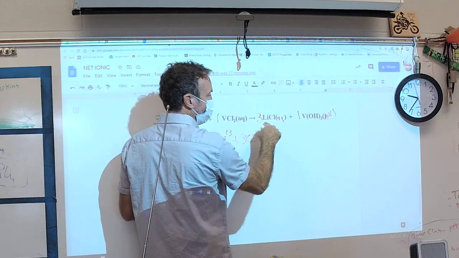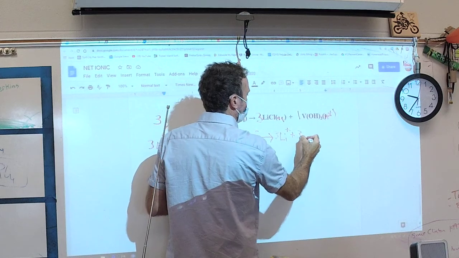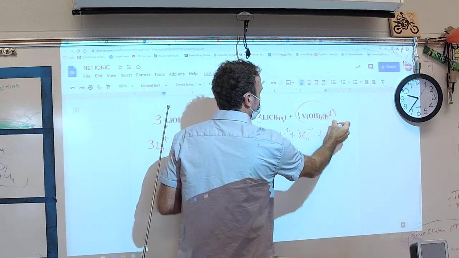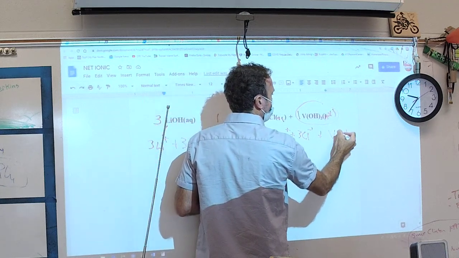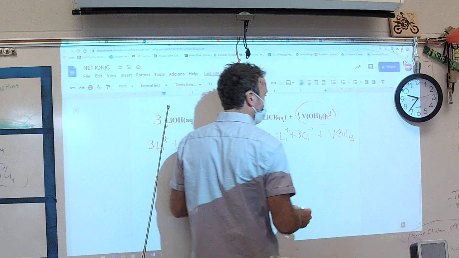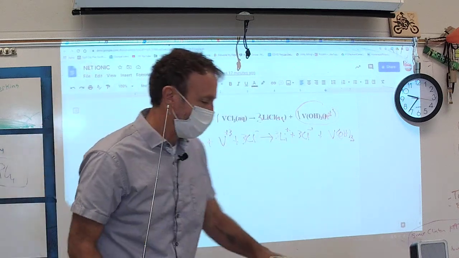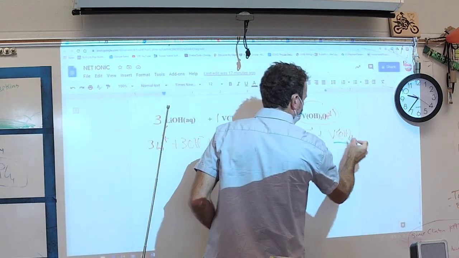So those are spread out in the water, 3 Lis that are +1, 3 chlorines that are -1, and this is the precipitate. So you write VOH3 together, because that's the precipitate, right? This is the actual product, vanadium hydroxide. That's what you would see in the water.